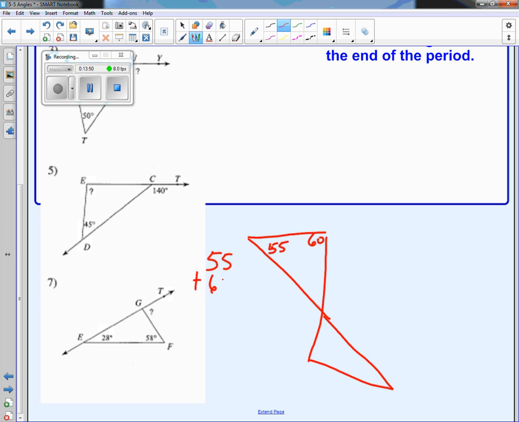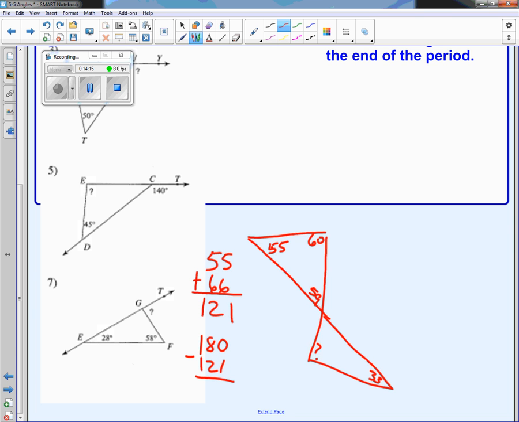What do you get? 121. Now that I know those add up to 121, how do I find this missing angle measurement? You do 180 minus 121, which gives you 59. So now I know that this angle measurement is 59 degrees.